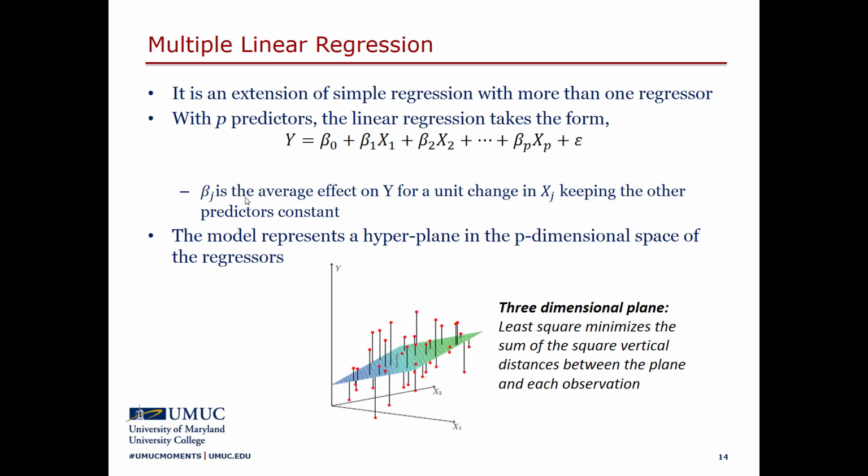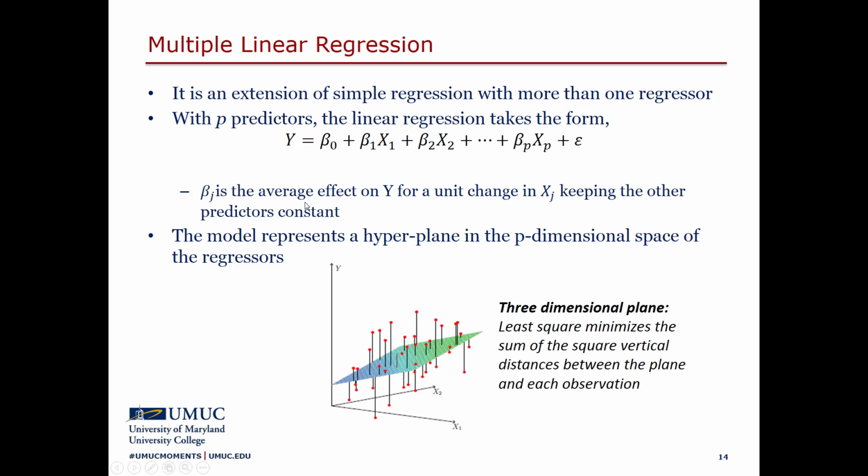So the jth term of the beta, beta j, is interpreted as the average effect on y for a unit change in xj, keeping the other predictors constant. You have to control for the other variables.